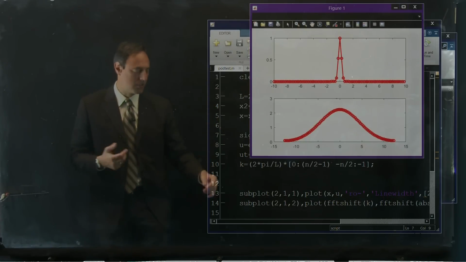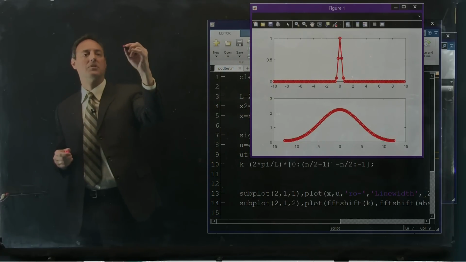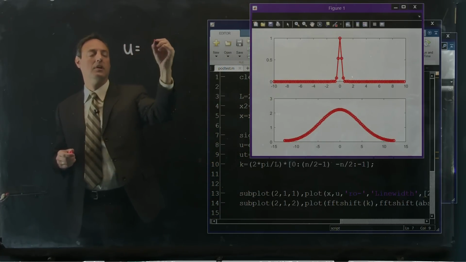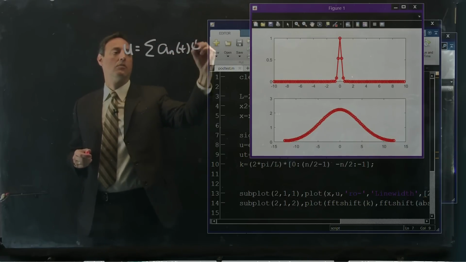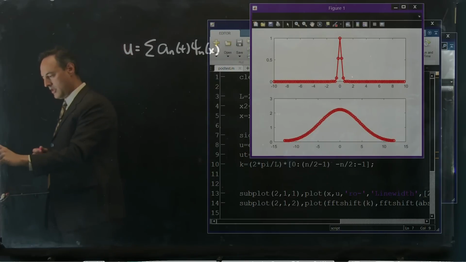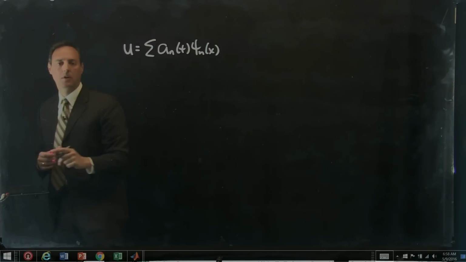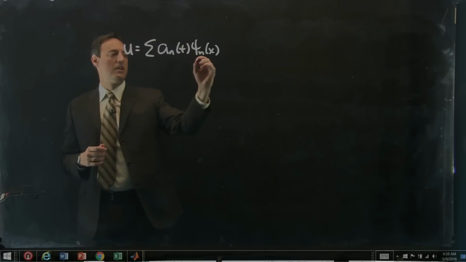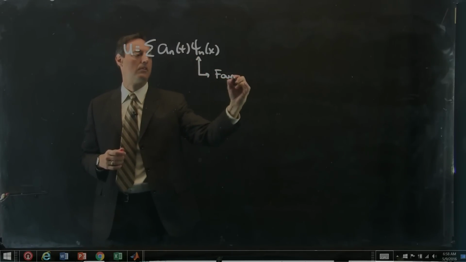And what we've essentially done, if you remember, our goal is to think about this representation. U is some representation like this. I guess we can take this down now. And what we did here is we picked ourselves a Fourier basis.